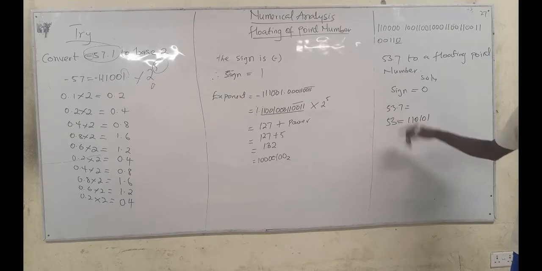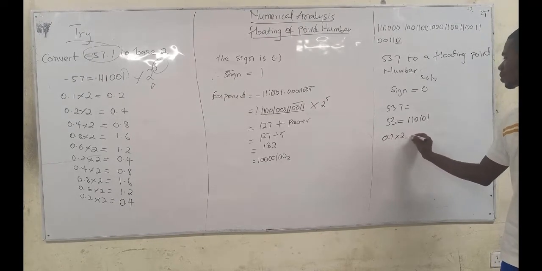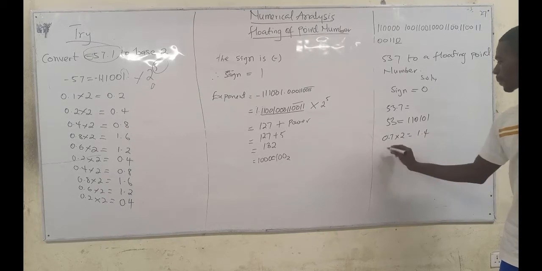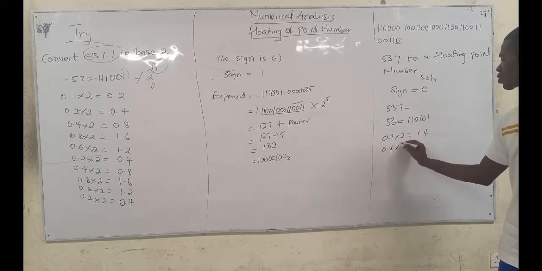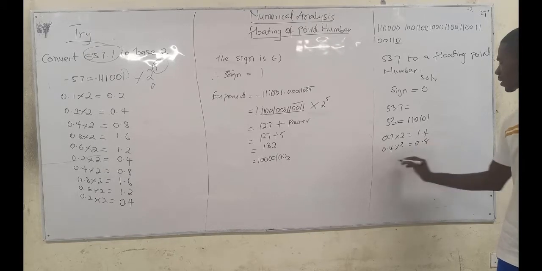So the 0.7 times 2, we get 1.4. Then 0.4 times 2, 0.8.